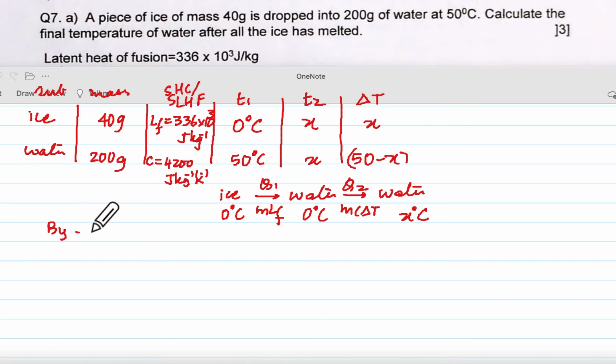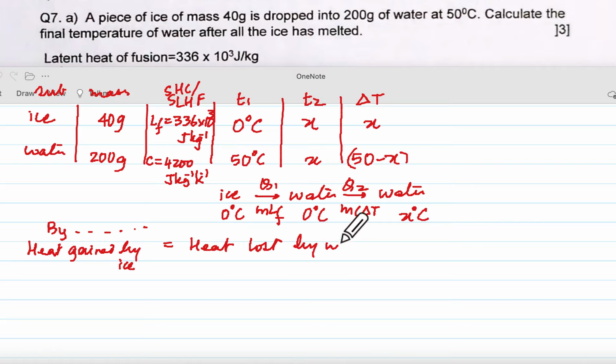Okay, then what you will say? By the principle of calorimetry, at equilibrium we will have heat gained by ice is equal to heat lost by water. So we will have MLF plus MC delta T is equal to M1 C1 delta T1.